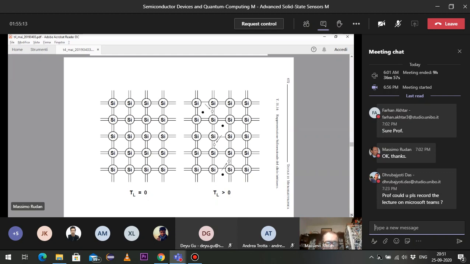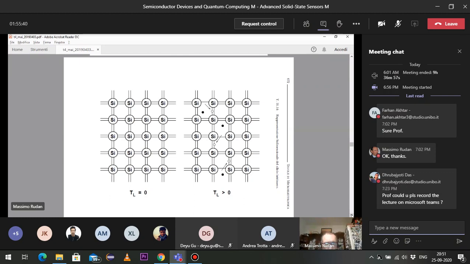Of course, this is not true, okay? But all the silicon atoms are pushed on the same plane. And of course, each silicon atom in the silicon crystal is surrounded by other 4 silicon atoms. So this is a rather clean picture. It is not realistic, but it is clean.